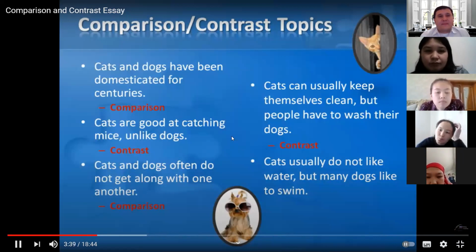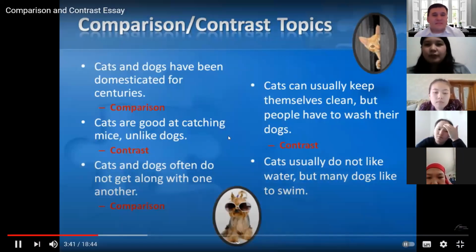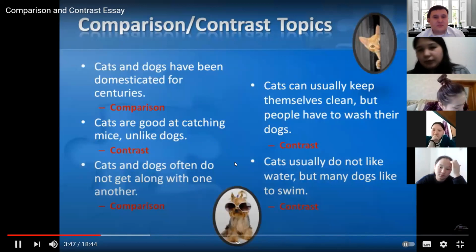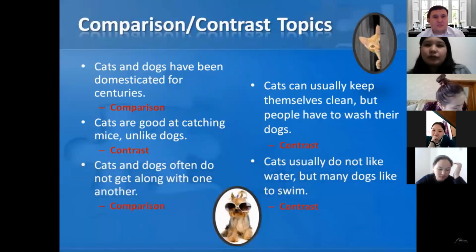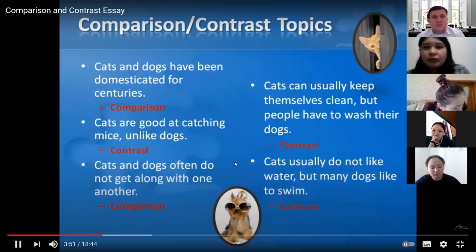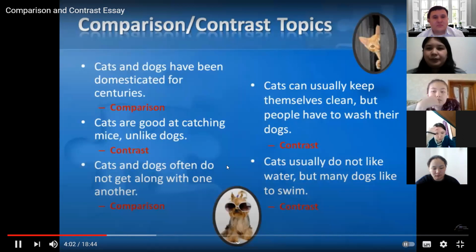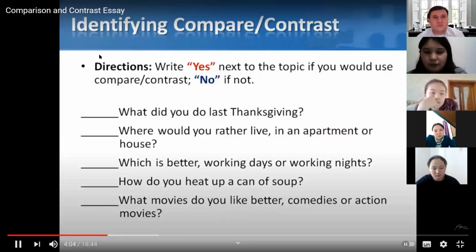So, is this comparison or contrast? Contrast. Cats don't like water, but dogs do like water. This is a point of difference or a point of contrast. So in this simple exercise, we're getting you geared up to pinpoint comparison and then to determine points of contrast. Okay, so let's look at this exercise.